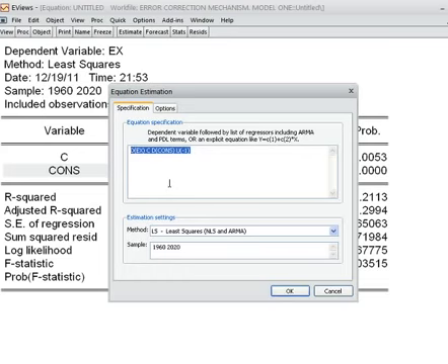I'm telling you again, here ex is the dependent variable and cons is the independent variable, and the 1 period lag of the residual is also another variable, and this is called the error correction model.